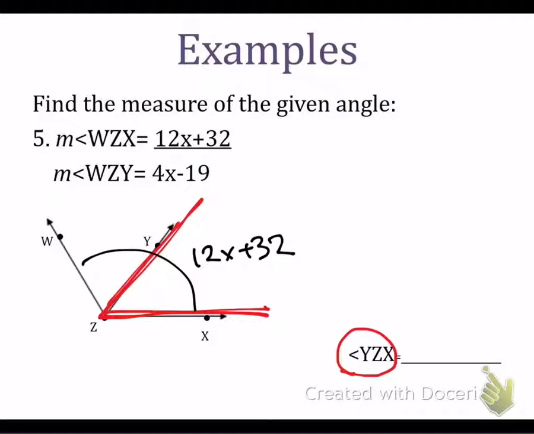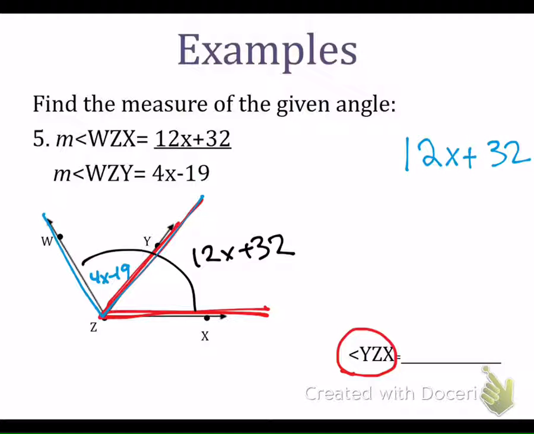And then this little guy, WXY, is 4x minus 19. So the whole thing, 12x plus 32. The little guy on the left, 4x minus 19. I'm looking for the little guy on the right that I highlighted in red. What should I do? Subtract.